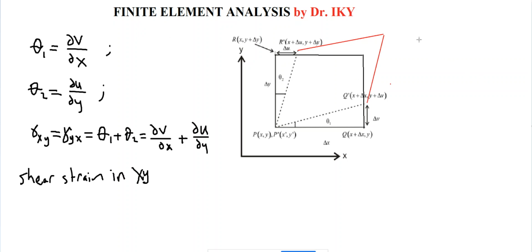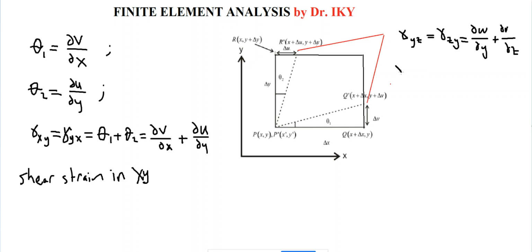Yes, gamma yz is equal to gamma zy, again d omega over dy plus dv over dz.